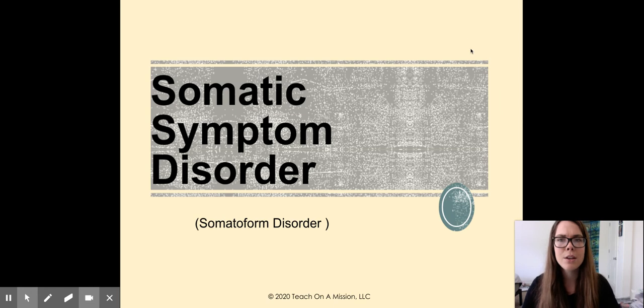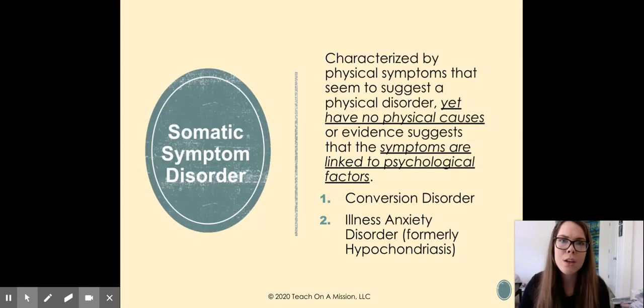All right, so it's somatoform, or they now call it somatic symptom disorder. Somatic symptom disorder is characterized by physical symptoms that seem to suggest that there's a physical disorder, yet there is no physical cause or evidence, which suggests the symptoms are linked to psychological factors.